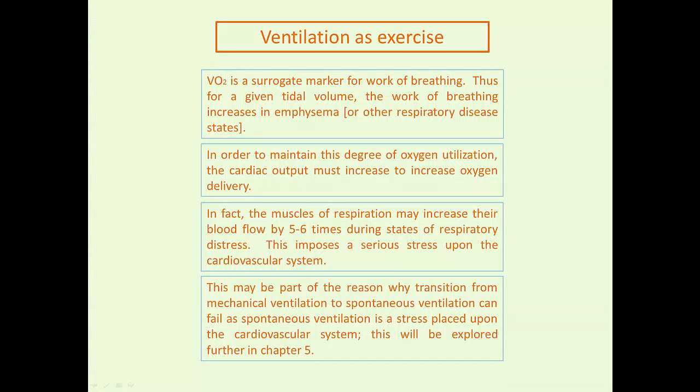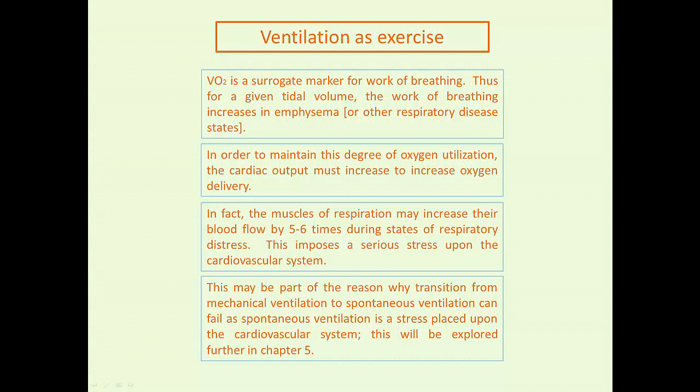And this may be part of the reason why transition from mechanical ventilation to spontaneous ventilation can fail, and we talk quite a bit about this in Chapter 5. So that's really a very quick overview of ventilation as exercise, and how the muscles of respiration will require a greater degree of blood flow during respiratory distress, and how that can certainly stress the cardiovascular system.